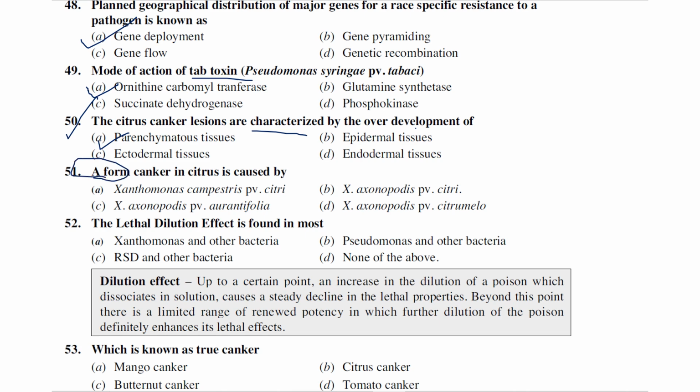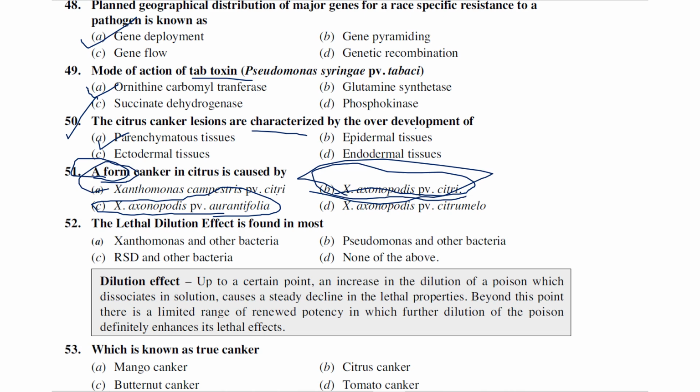Anyway, let's see. Xanthomonas campestris pathovar citri, not citrus canker. Xanthomonas axonopodis pathovar citri, okay, it is caused by citrus canker. Xanthomonas axonopodis pathovar aurantifolia also causes canker. Among the given options, Xanthomonas axonopodis pathovar citri seems the reliable answer, but it's a little bit doubtful what is the form canker of citrus.